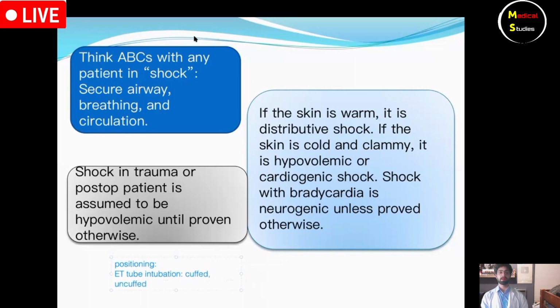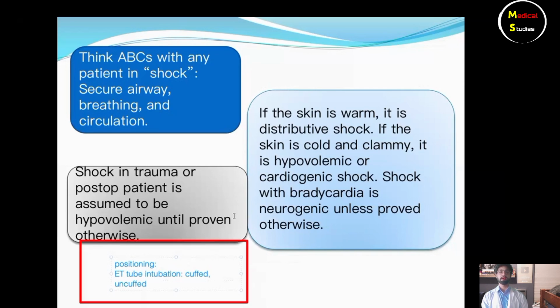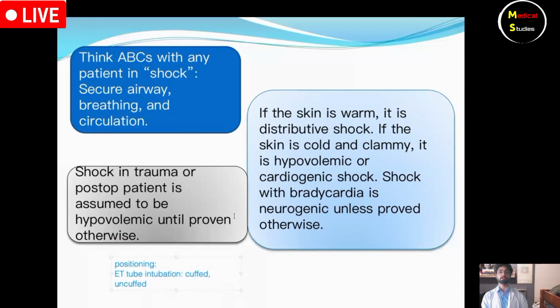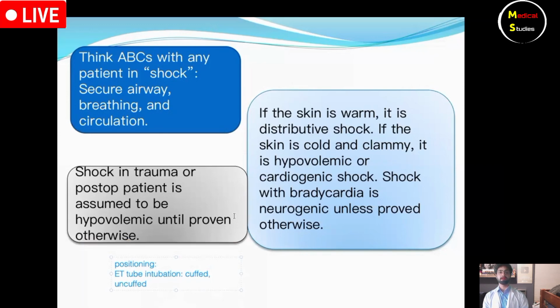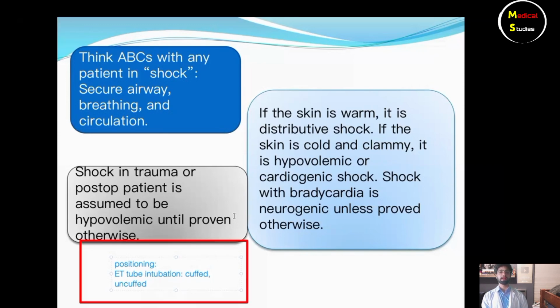One is called a cuffed tube and another is called an uncuffed tube. To secure the airway, we put a cuffed tube. Cuffed means there is a balloon. We inflate the balloon, and after that nothing can go distally past the balloon. Okay, so this is a very good way.